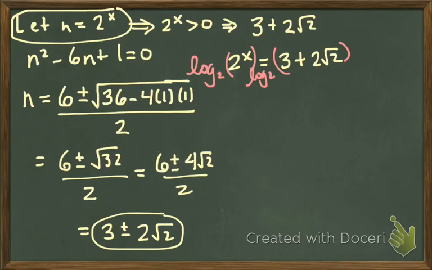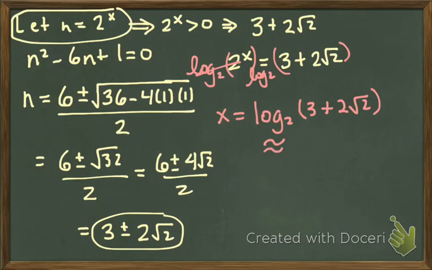The log base 2 cancels and leaves us x on the left equals log base 2 of 3 plus 2 times the square root of 2. If you type that into your calculator, you will get a decimal approximation of 2.54311.